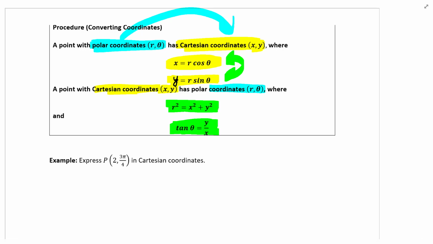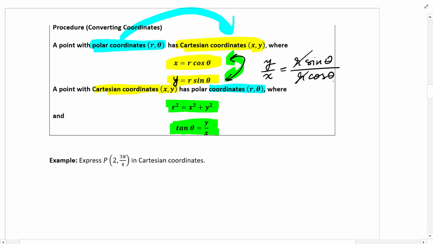How do we get that? Well, just think about these two relations. If you divide y over x, you're going to get r sine theta over r cosine theta. Since r cancels and sine theta over cosine theta is tangent theta, that's how we obtain this relation to find theta.